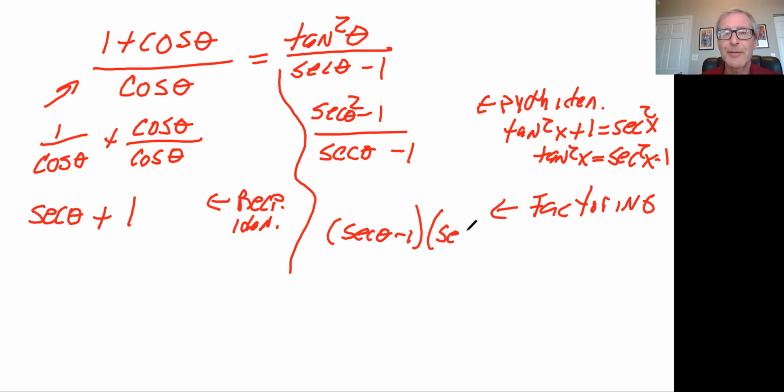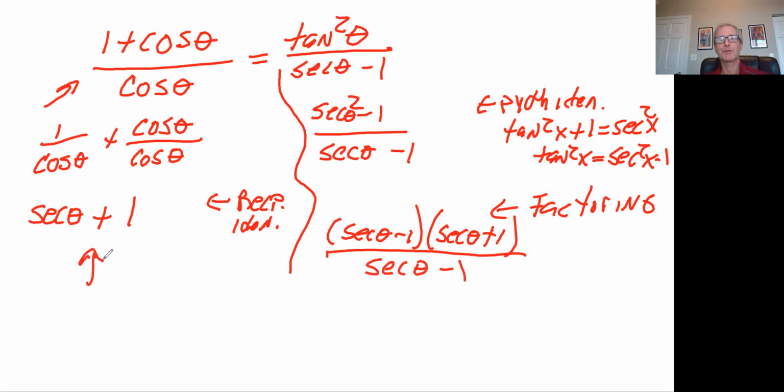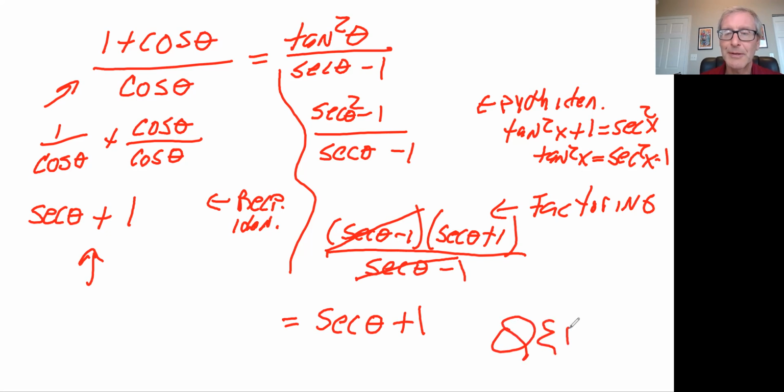And if you multiply it by secant of theta plus 1, you would get secant squared minus 1. And why are we doing that? Well, the hint should be that you're trying to make it look like what we got over here on the left side, secant minus 1. And by doing that, we could do some algebra here, right? Getting rid of both of them, and you could see here we get secant of theta plus 1. Again, QED.